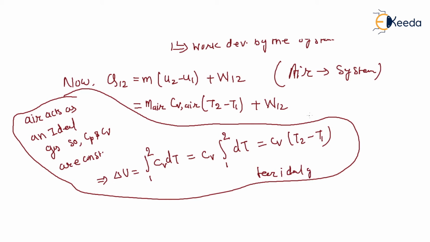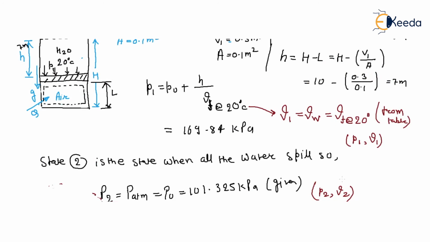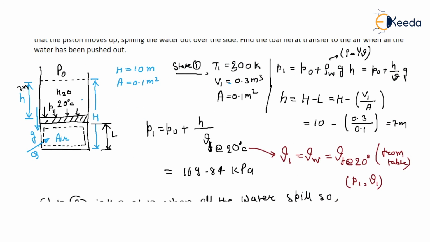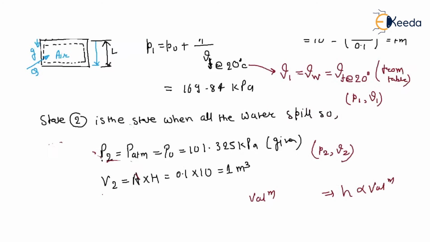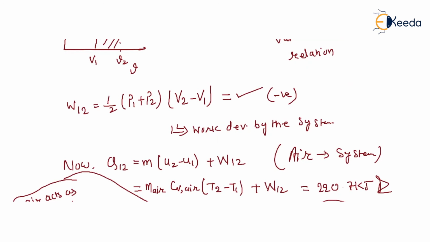Now put in the values. This is your 220.7 kilojoule. Okay, right? No problem.